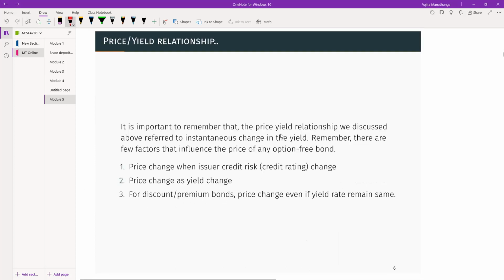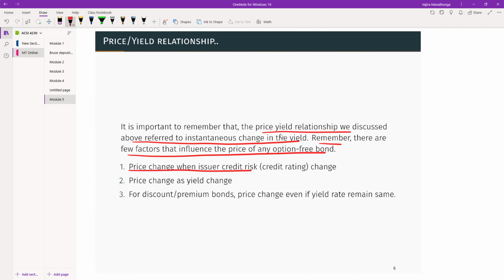It is important to remember that the price-yield relationship we discussed above referred to an instantaneous change in the yield. There are a few factors that influence the price of any option-free bond. One is price change when issuer credit risk changes. So the price of a bond can change for different factors. One is issuer credit rating.